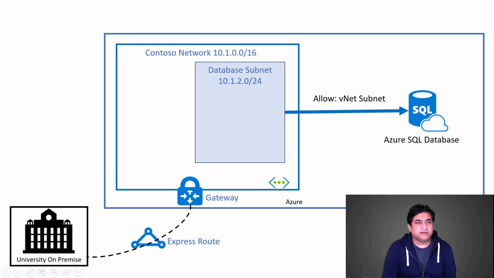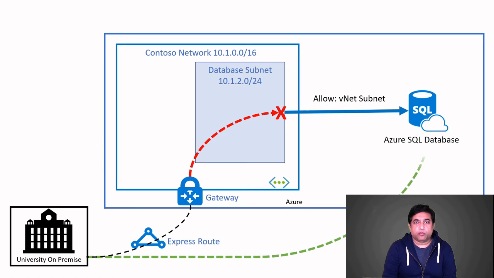Let's see what we need to do if a user needs to access the database from on-premise. Service Endpoint does not work through a VPN gateway. The only alternative is to open up the database firewall for an on-premise IP address. The communication will have to travel over the public internet. The CEO did not approve due to the security risk.